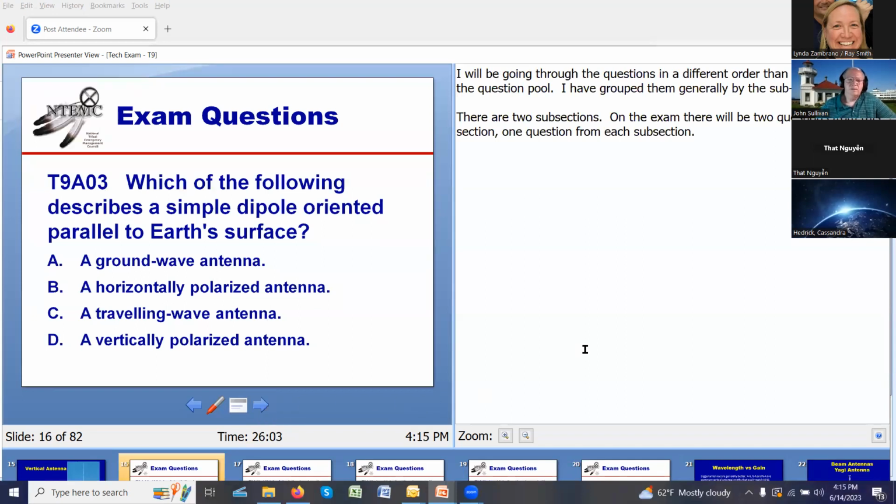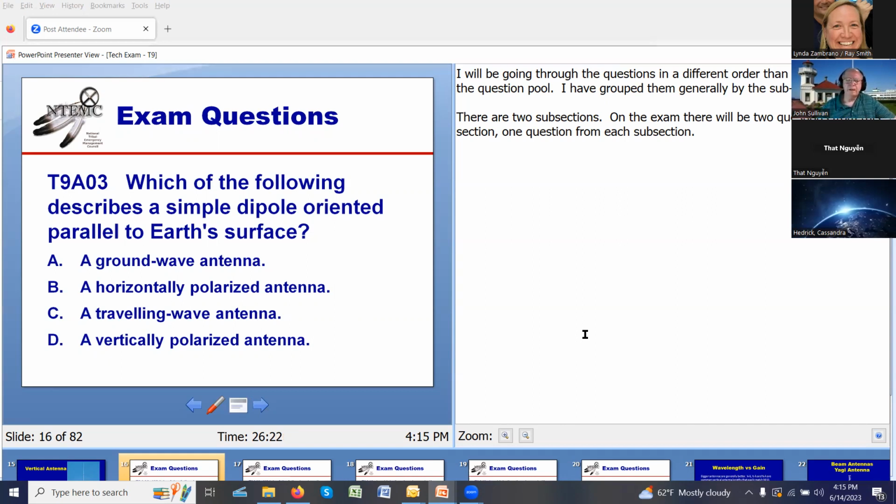So let's take a look at some questions that relate to what I've just been talking about. I'm going to be going through these questions in a different order than they're listed in the question pool. I tried to group them a little bit more by topic so that they're related questions we'll talk about at the same time.